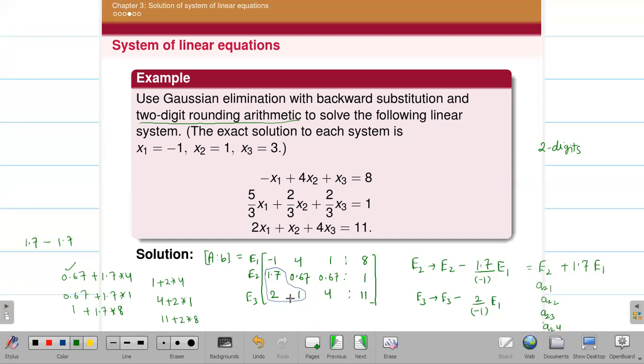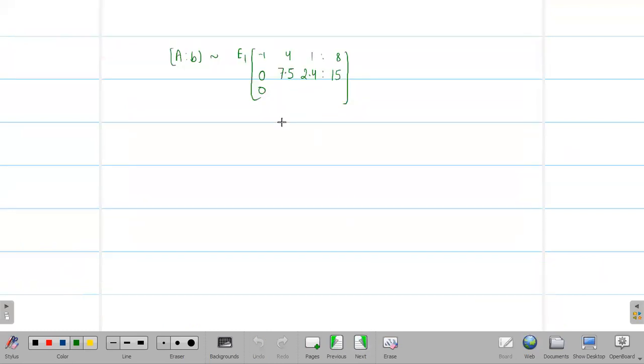Okay, ma'am. So these entries will be 0, 9.6, and 27. So this is again E2, then E3. Now make this element 0, that is E3, with the help of E2 only.